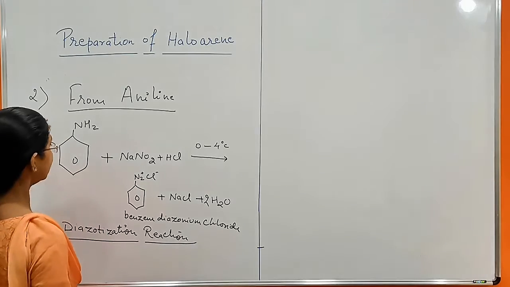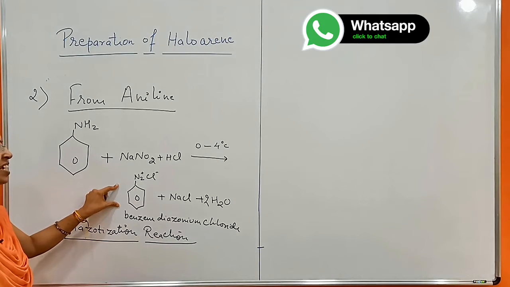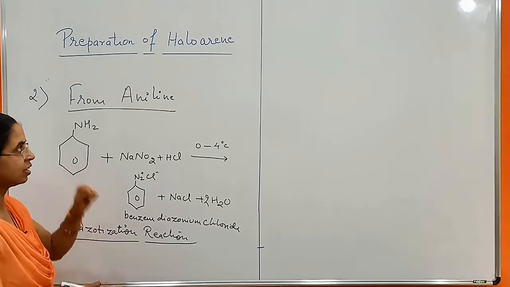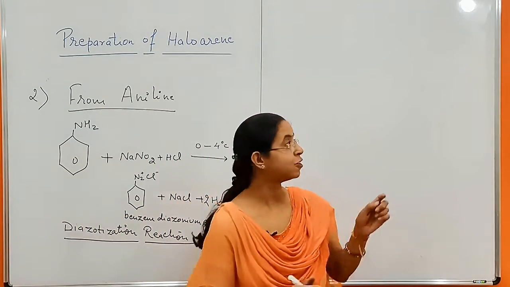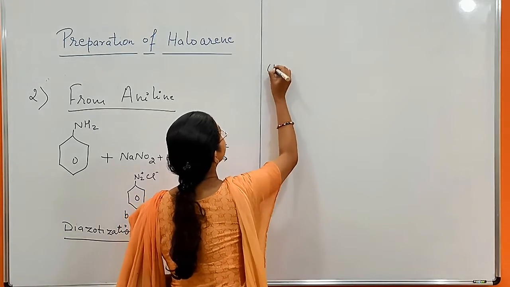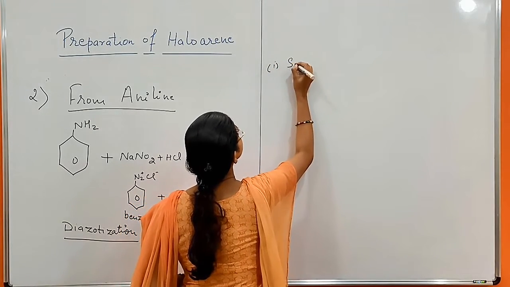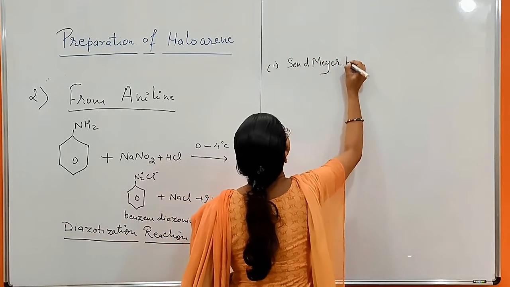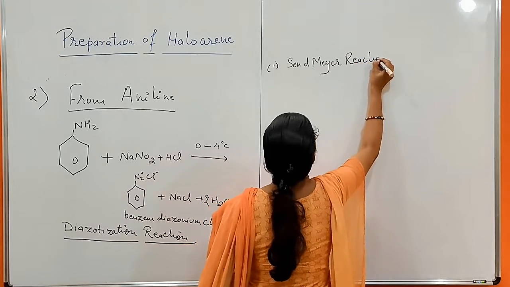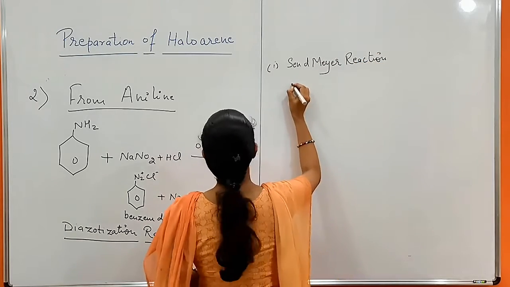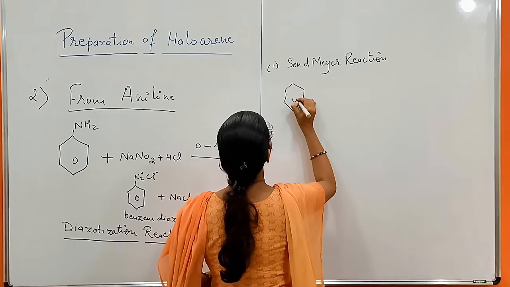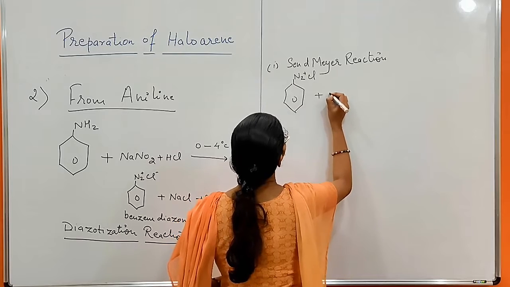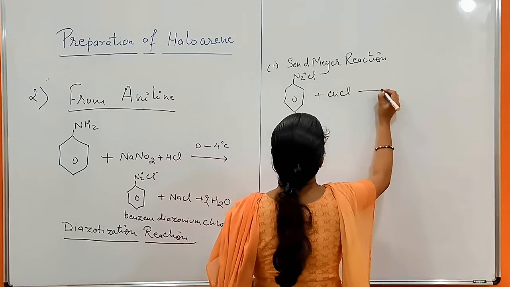Now, this product is taken as reactant for preparation of further haloarenes. Now there are two methods. The first method is Sandmeyer reaction. In this reaction, this diazonium chloride is taken as reactant and it is reacted with CuCl.